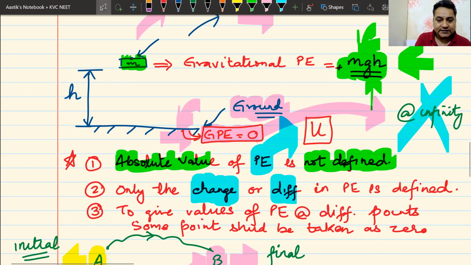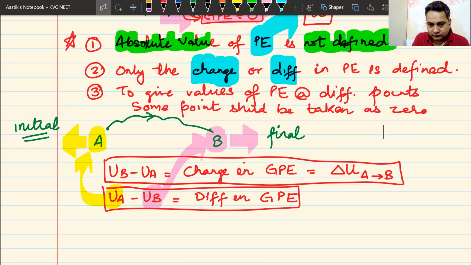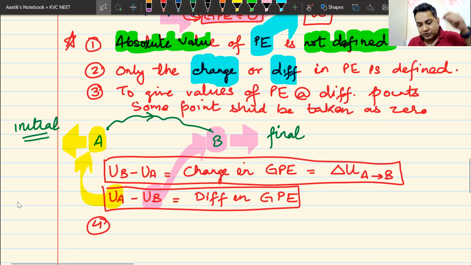Do we have some concurrence here that we have understood this concept of assuming the value of gravitational potential energy? In the class, anyone? Okay, they have sent. I did not see their thumbs up data. Okay, fine. So 1, 2, 3 points are clear.